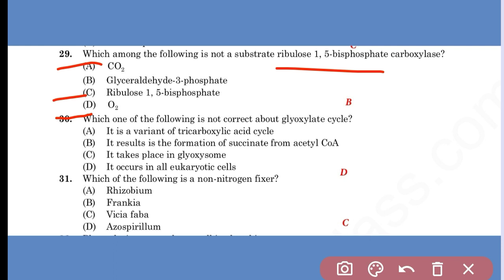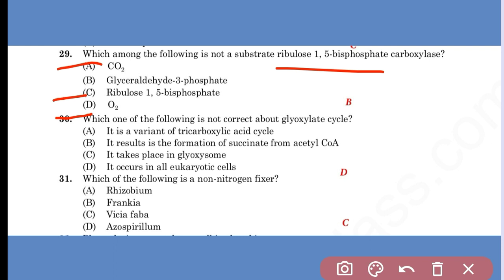But when ribulose 1,5 bisphosphate and O2 are there, the enzyme carries out photorespiration and 1 molecule of 3 phosphoglycerate and 1 molecule of 2 phosphoglycolate are formed. This is known as photorespiration.